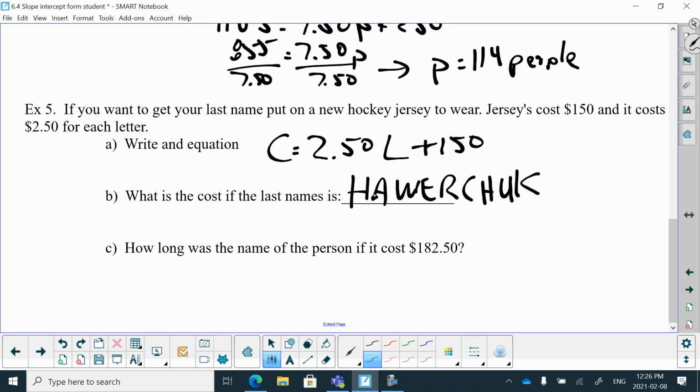You can do your own name too if you like. I'm just doing this one on the board because that has to be a name that's not somebody's. But if this Howard Chuck fella or person was getting a jersey, how much would they have to pay? It's all on tax-free day as well. All our math problems are on tax-free day.